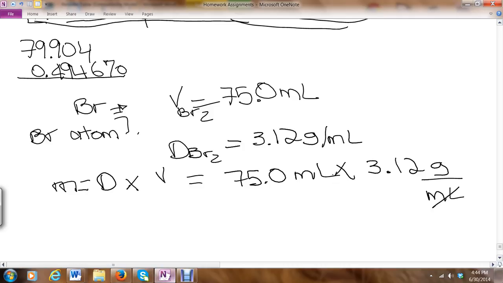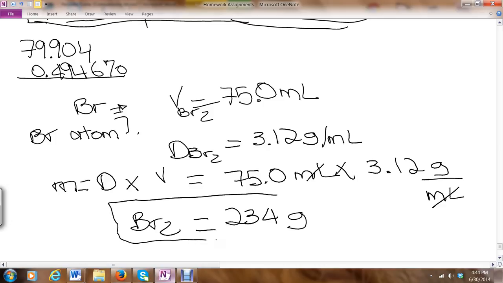You cancel out milliliters and it's going to give you 234 grams. 3 sig figs, no problem. Of Br2. Remember, they're giving you the data of Br2.